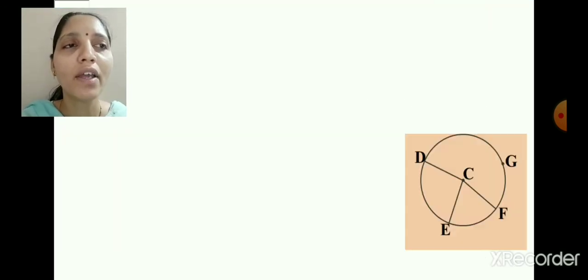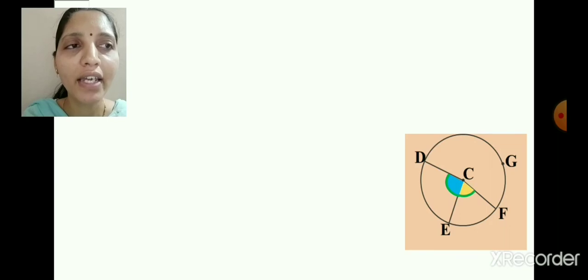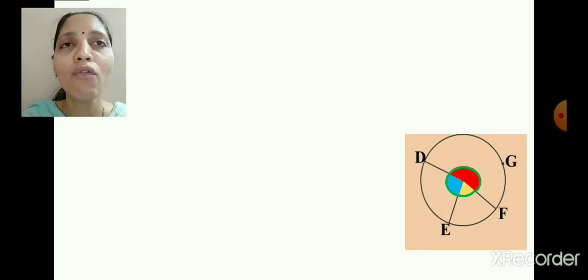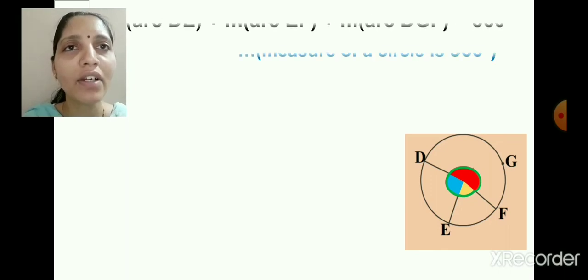Now, if you observe this figure, if you add the measures of arc DE, arc EF and arc DGF, you will get a full circle or complete circle. And we know that the measure of a complete circle is 360 degree. So here we know arc DGF, we know arc EF, so we can find arc DE. So how to find? Let's see.